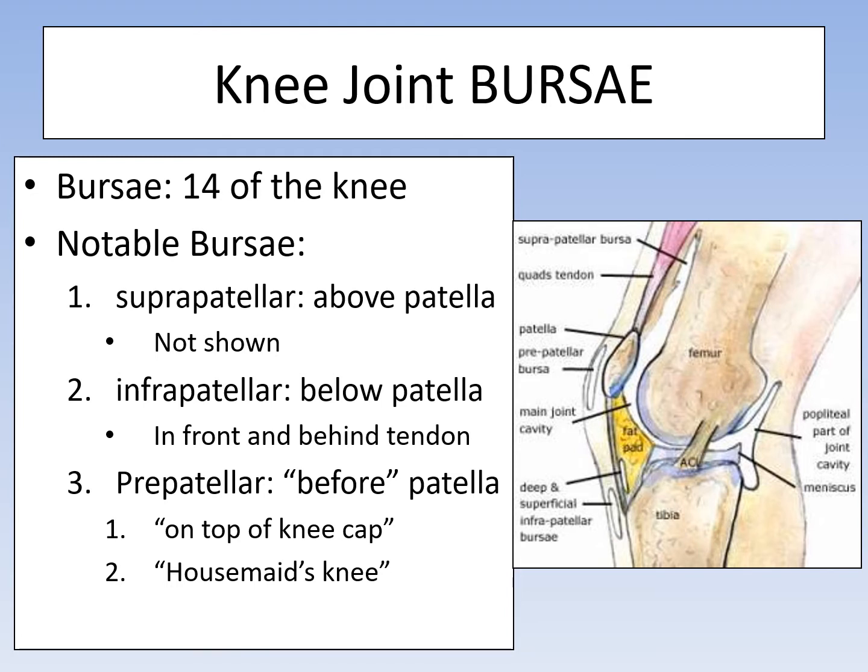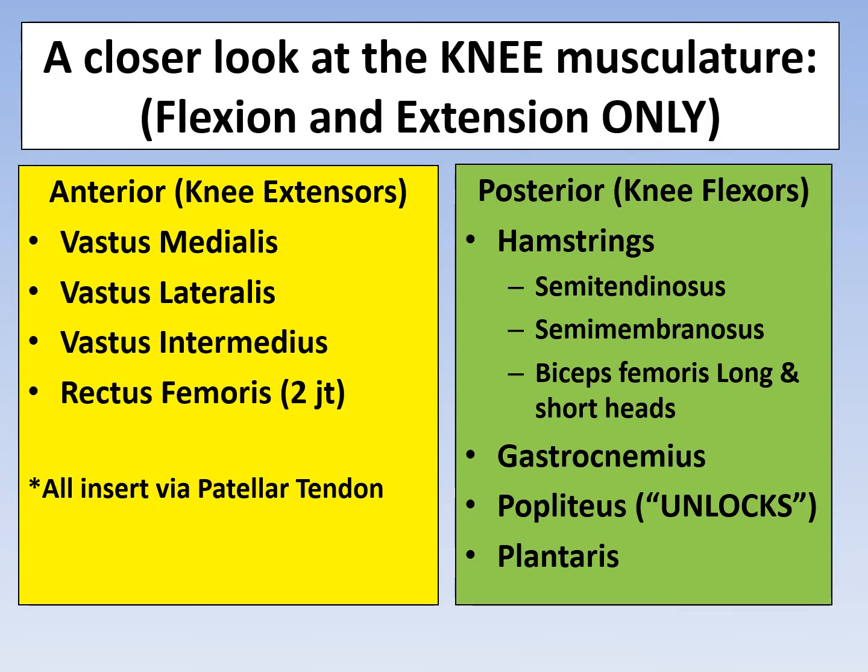And so just like in other joints in the body, the bursa can become inflamed with irritation either through weight bearing or through malalignment, which then causes more force on the bursa, or maybe from a tendon or a ligament that's rubbing or irritating. This slide reviews the muscles that flex and extend the knee. So please review them, and we will be doing manual muscle testing in lab.